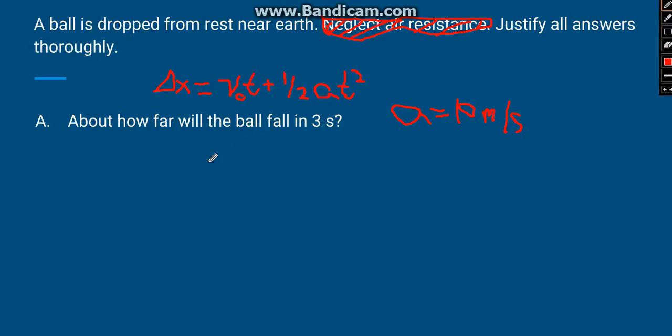For initial velocity, we know that the ball was originally at rest, making the initial velocity 0. Time is given to us in the question, 3 seconds. Acceleration, like I told you, is always going to be 10.